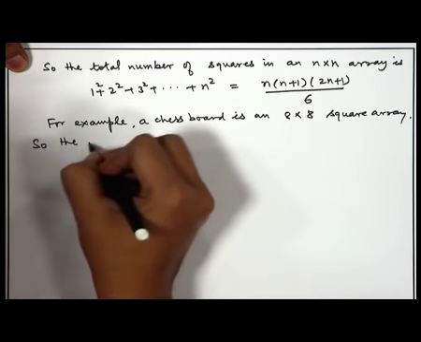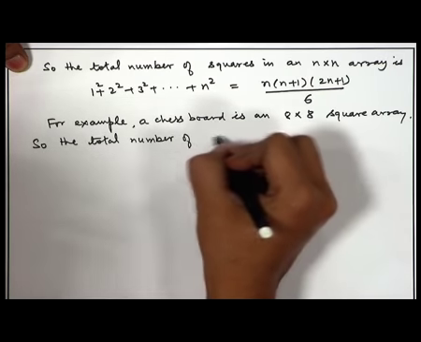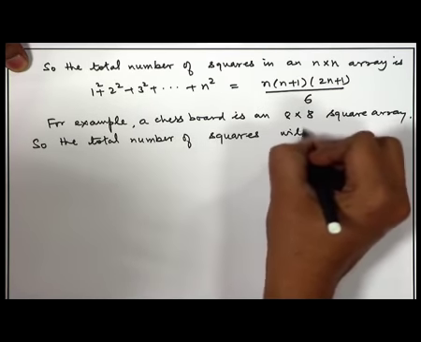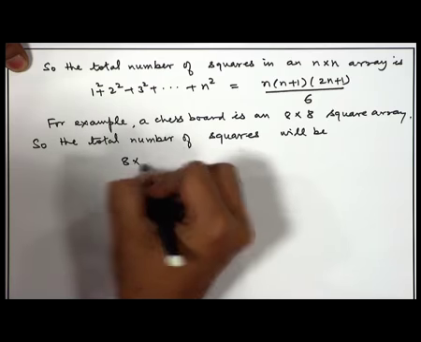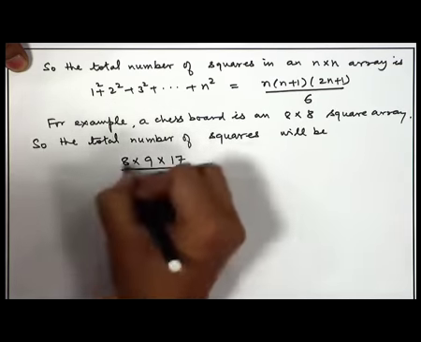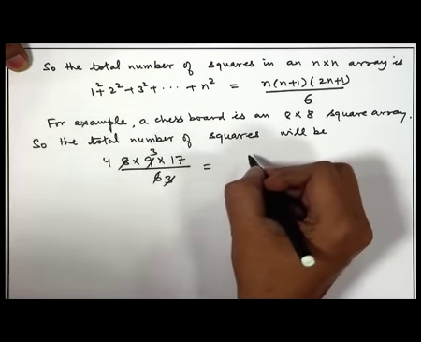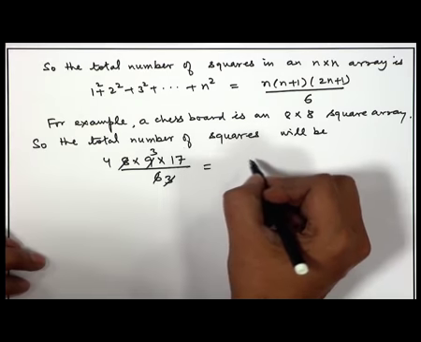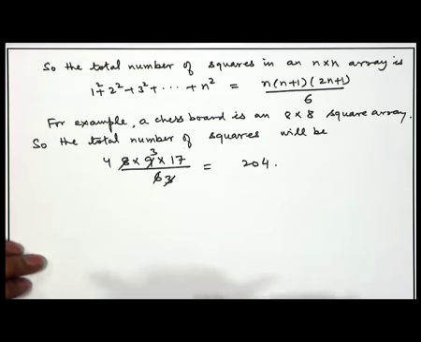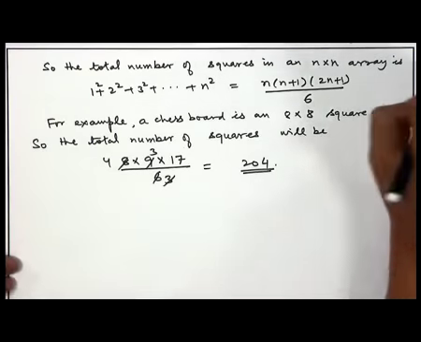So, the total number of squares will be 8 into 9 into 17 by 6. That is equal to 204. So, in a chess board, the total number of squares, if you count, is equal to 204.